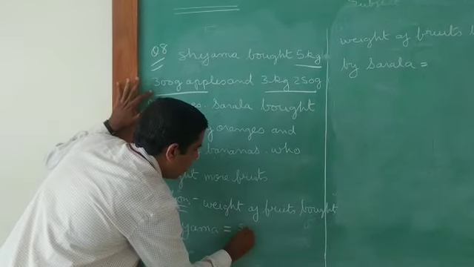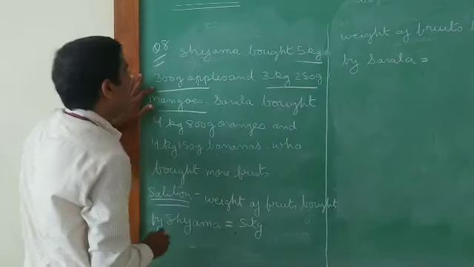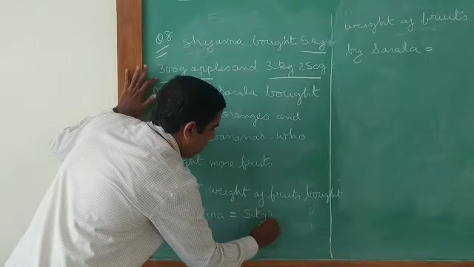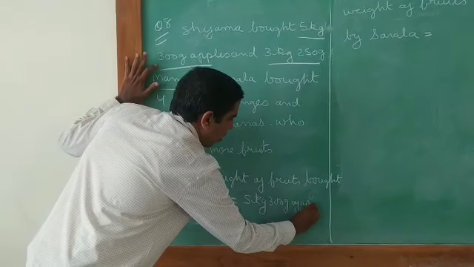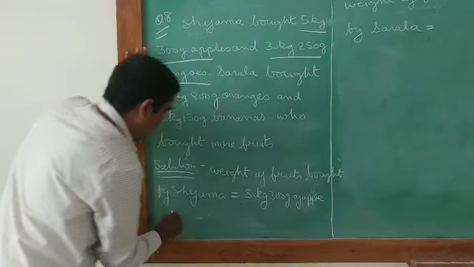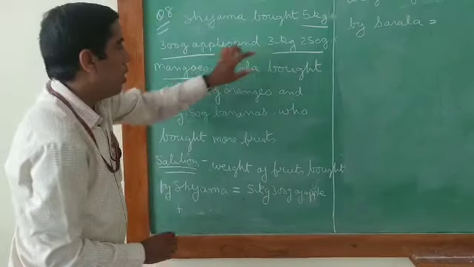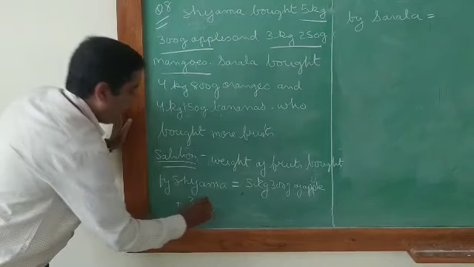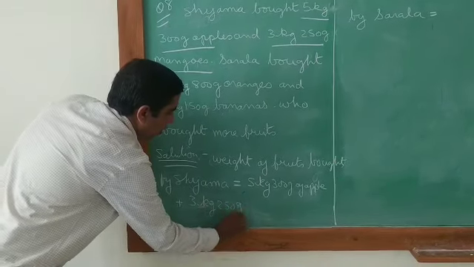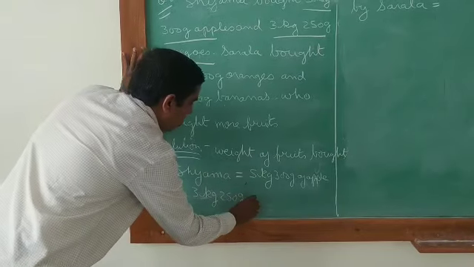So, 5 kg 300 grams of apple plus 3 kg 250 grams of mangoes.